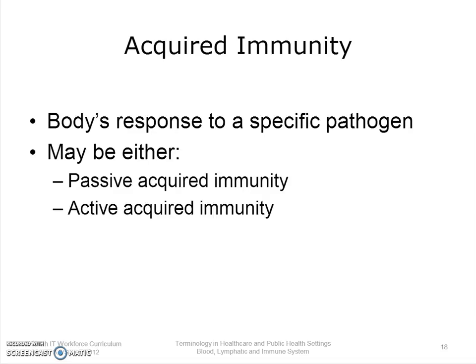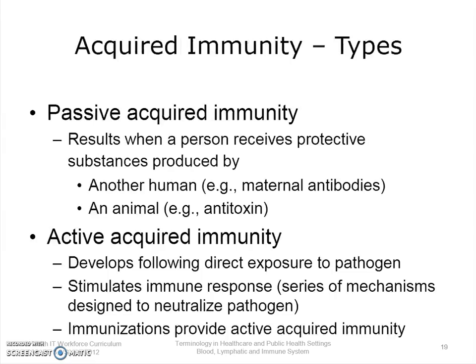Acquired immunity, on the other hand, is the body's response to a specific pathogen. There are two types of acquired immunity: passive acquired immunity or active acquired immunity. Passive acquired immunity is the result of receiving protective substances produced by another human or animal, such as maternal antibodies or antitoxin.